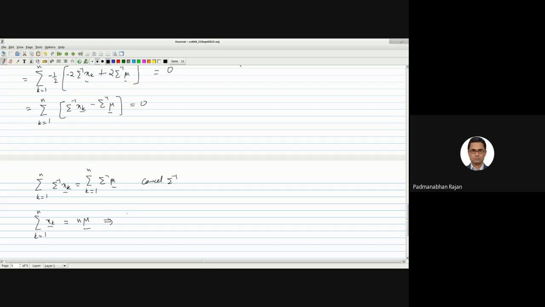And this implies mu is 1 by n times the sum over k equals 1 to n of xk, which is nothing but your x bar, which is your sample mean.